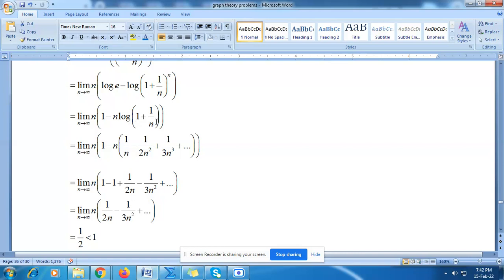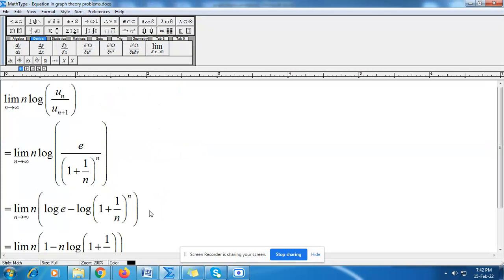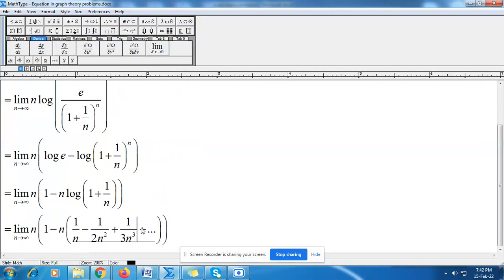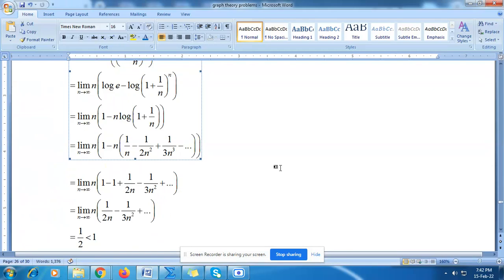That is log(1 + x). Expand log(1 + x). The formula for log(1 + x) is x − x²/2 + x³/3 − and so on. Substitute x = 1/n for these terms.